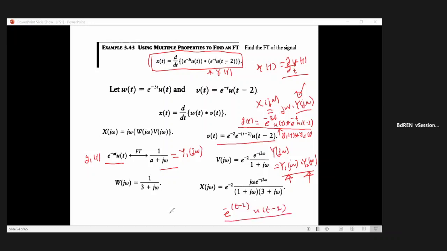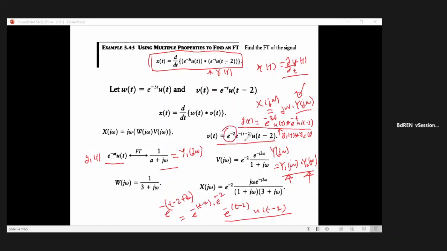But our function was e^(-t), so you can just write -2 plus 2, and that will be equal to e^(-(t-2)) times e^(-2). That's why that e^(-2) is coming here.